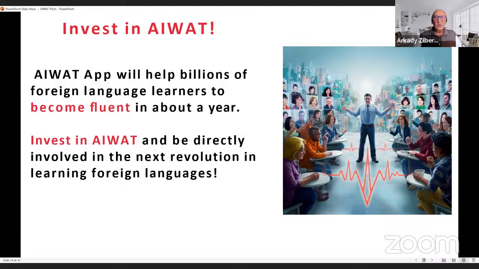We are talking here not about investing money. We are talking here about investing in new technology, a combination of 3 revolutions which allow us to develop fluency in about a year. Now I will show you an example of a lesson.